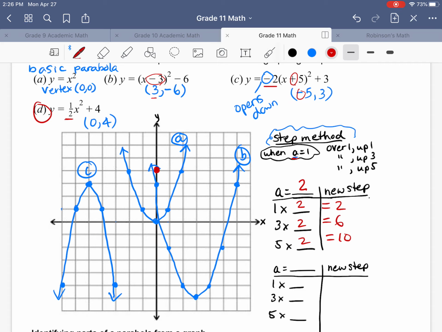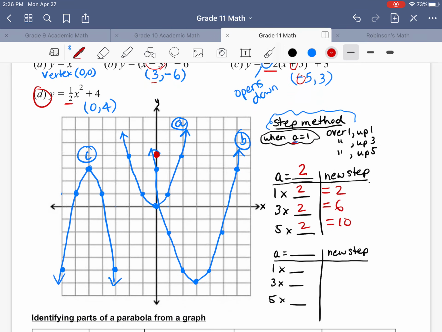Okay, and now let's also calculate our new step. So A is 1/2, and if you're doing this on your calculator, 1/2 is the same as 0.5, right? So you can just punch in 0.5 in your calculator, and I think I'm going to write it as 0.5 here because it'll make it easier than dealing with the fractions.